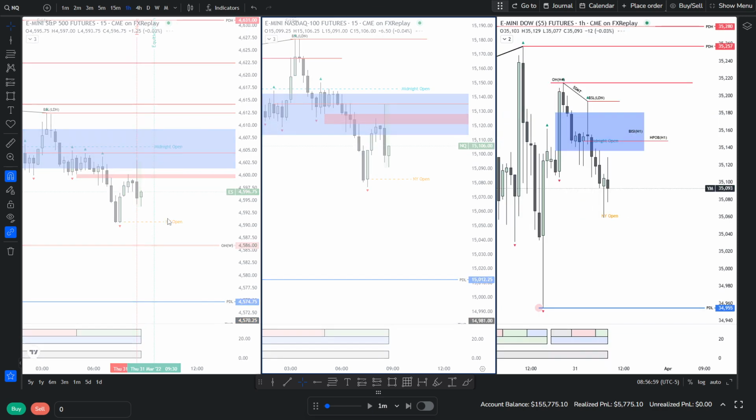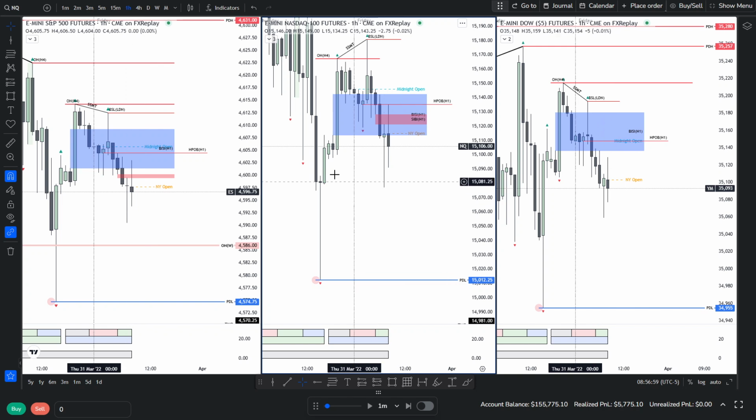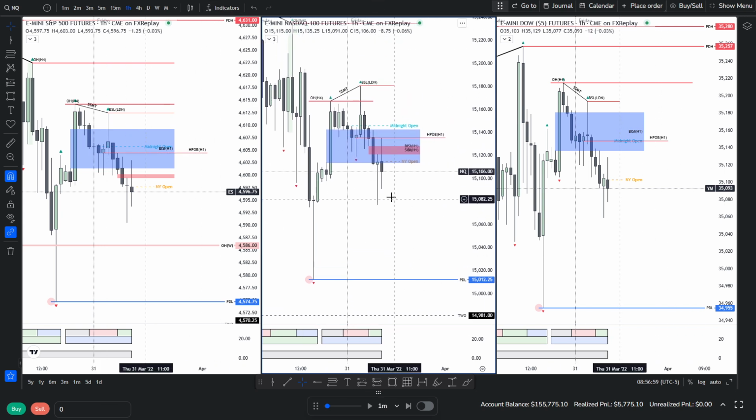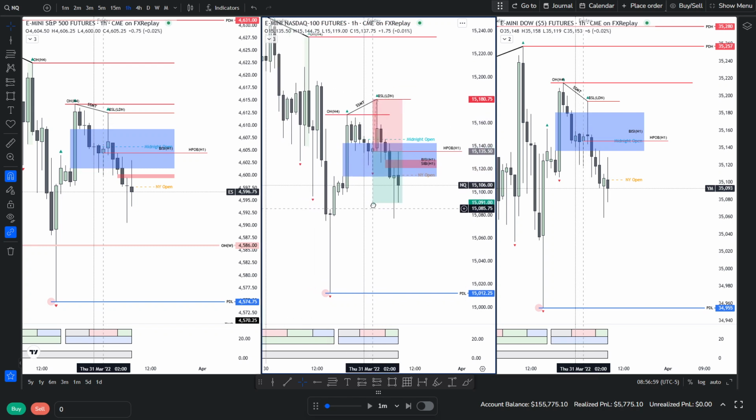I'm going out to the hourly because the interesting thing here is at this candle, I wonder if we may have missed the boat. Let's just see. I don't think we have.